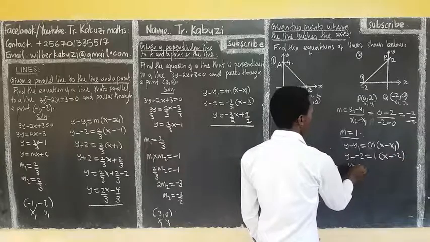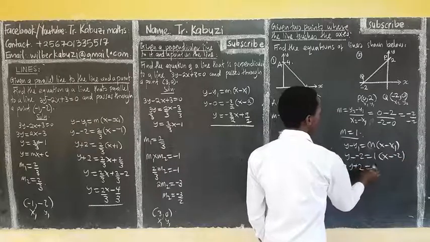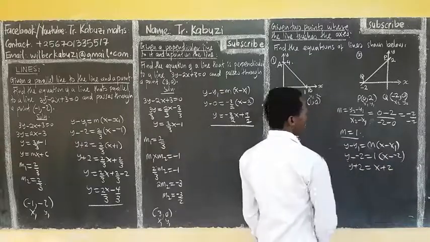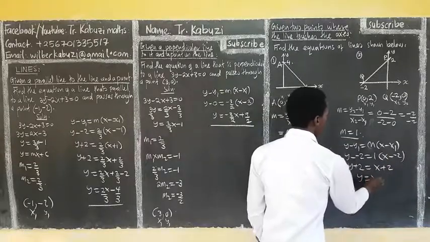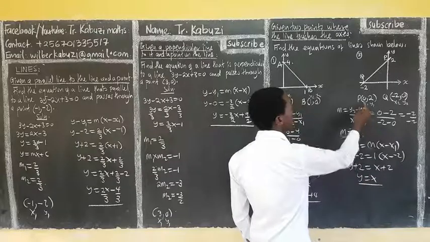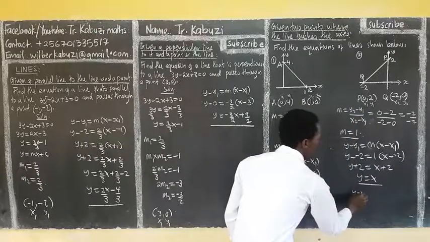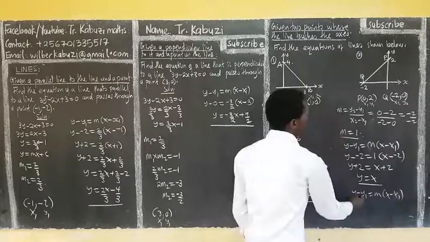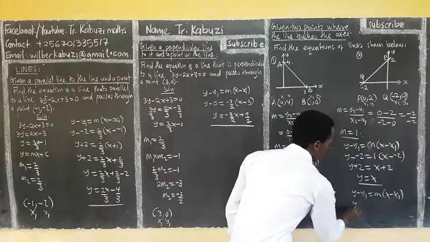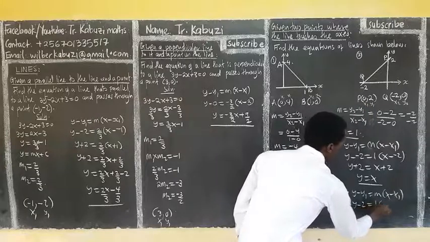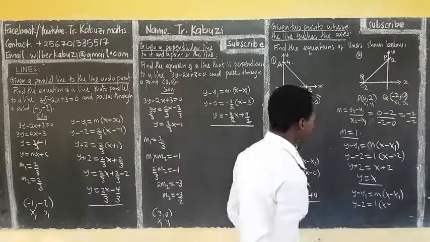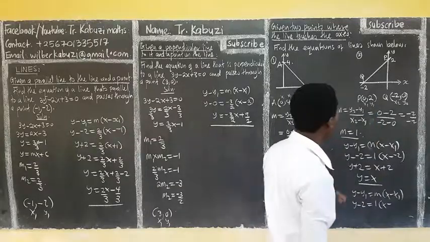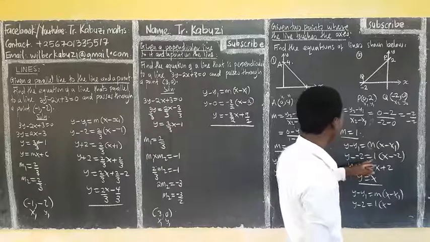So this will be y minus 2 equal to 1 times x plus 2, and so on.